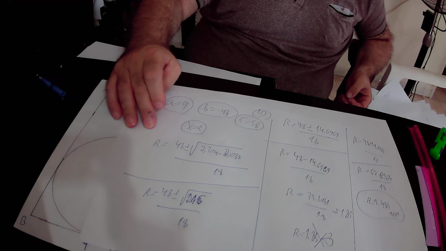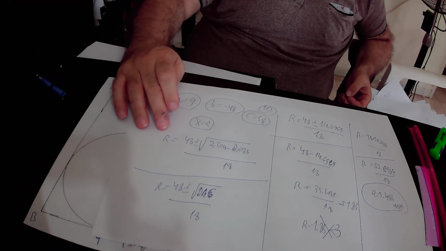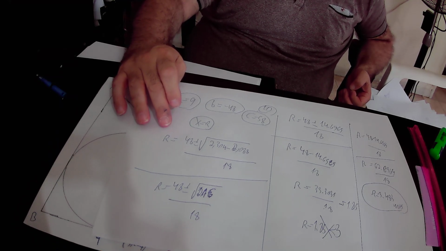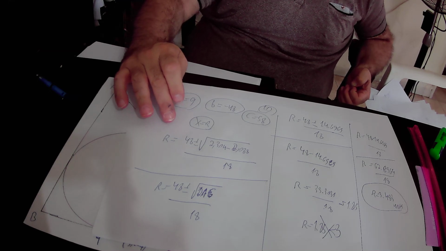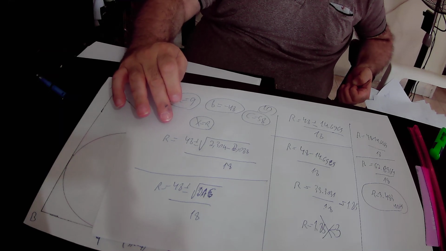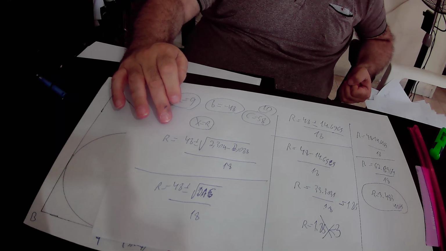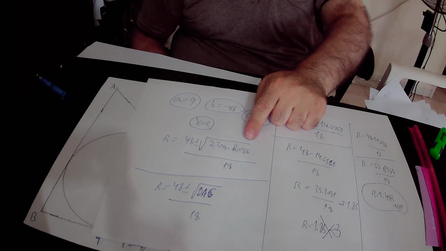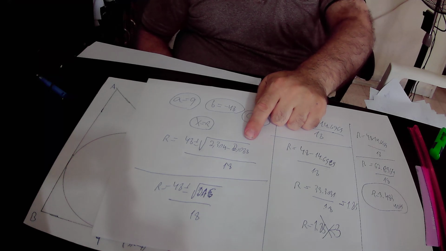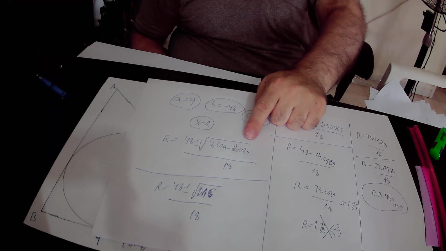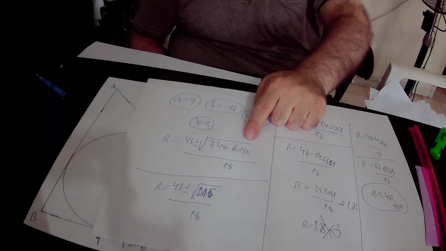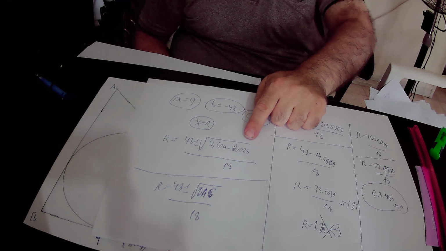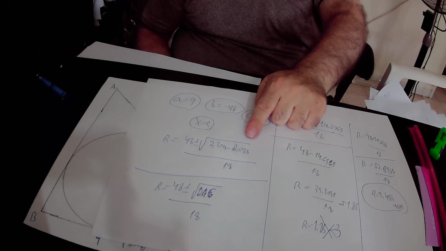We put the data into the equation and found that R equals 48 plus or minus the square root of b squared. B is minus 48, so b squared is 2304. Minus 4 times a, which is 9, is minus 36, and minus 36 times c, which is 58, is minus 2088.